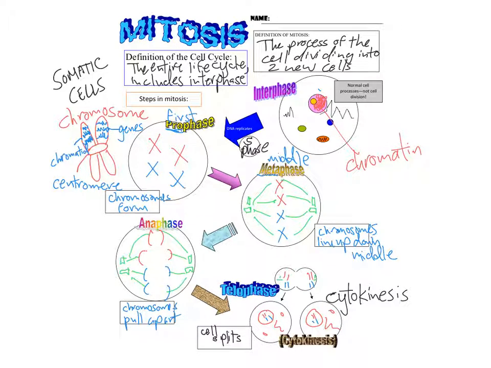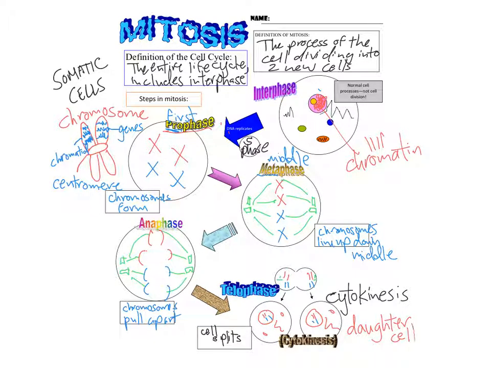They should all be red. Okay, so 1, 2, 3, 4. And then they duplicate in S phase. And then we've got twice the amount of DNA here in prophase as you were supposed to have in a normal cell. So when we get to the end, we have 2 daughter cells.